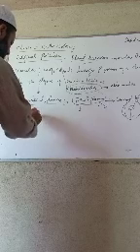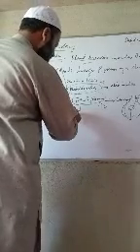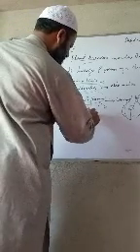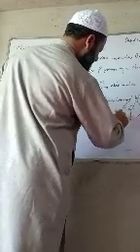But in case of bisexual flowers, what we do, we remove the male part, that is anther or stamen, from the bisexual flower in the bud condition, that is before maturity.